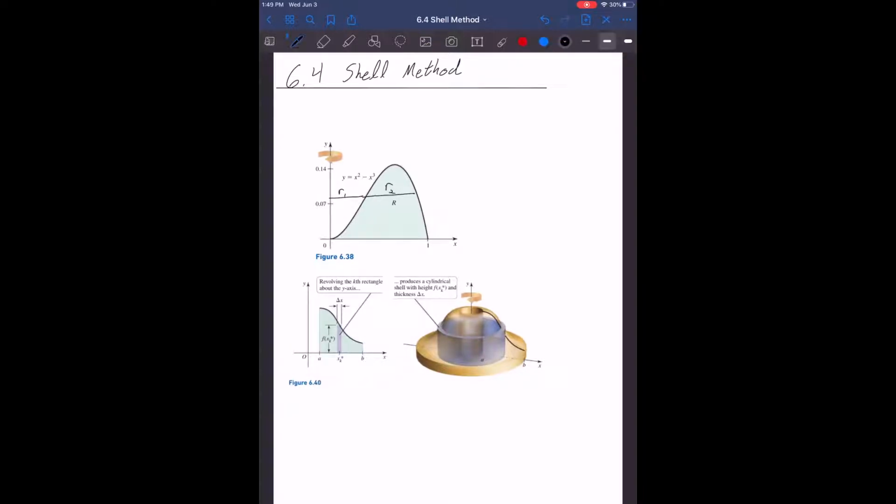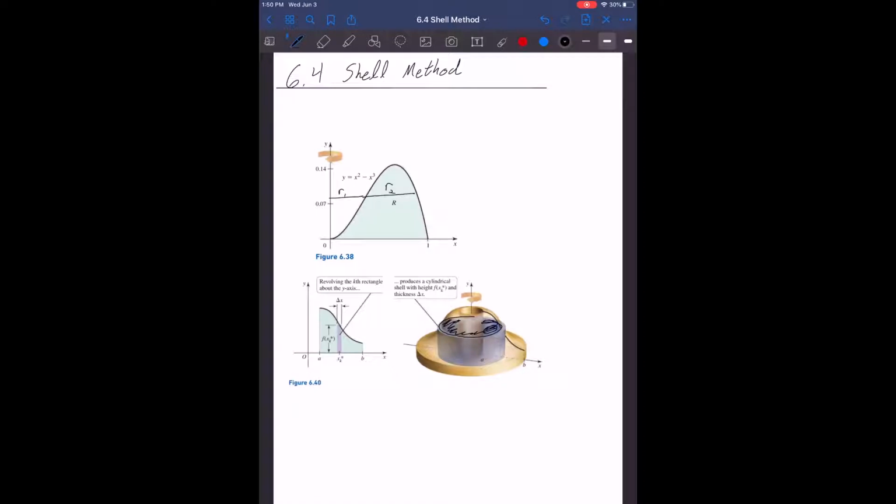In this case, one of our disks would have been like this top circle here, all filled in around it. However, now we're going to be looking at these cylinders instead of the disks.